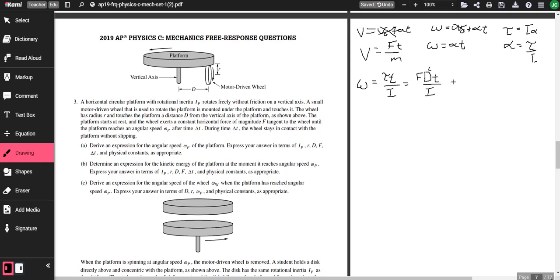I probably should change this to delta t, like that. The only other thing is I should put the little subscripts on here, so that should be a little p, and that should be a little p to represent platform. But besides that, everything else is correct.